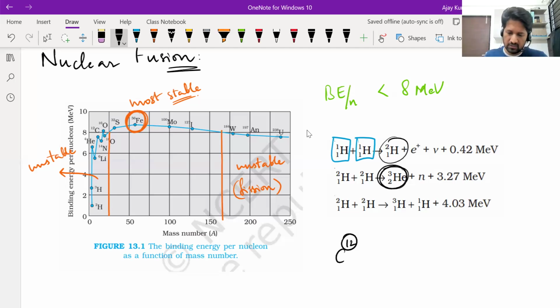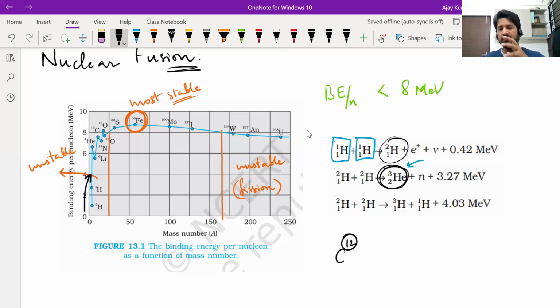So basically, look at the binding energy graph. Proton 1H1 has mass number 1. If they fuse and become helium, 2He3, let's say, from mass number 1 it is shifting to mass number 3, so binding energy per nucleon is increasing.